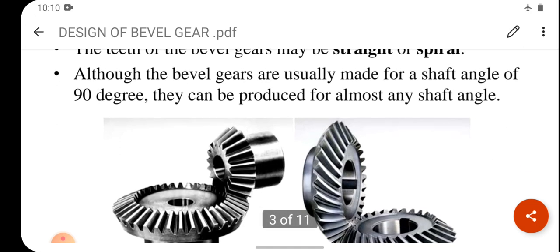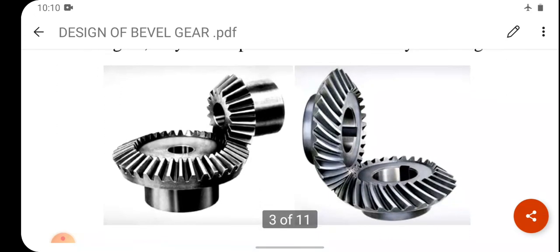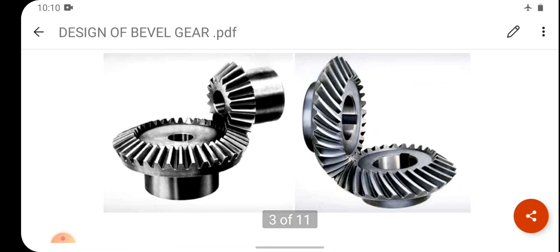So this is the diagram of bevel gear. From this diagram the concept will be more clear to you. One is rotating in horizontal plane, other is rotating in vertical plane, so motion is transmitted at 90 degrees. Teeth are parallel in the first diagram and teeth are inclined or spiral in the second diagram. Both are bevel gears. Clear?